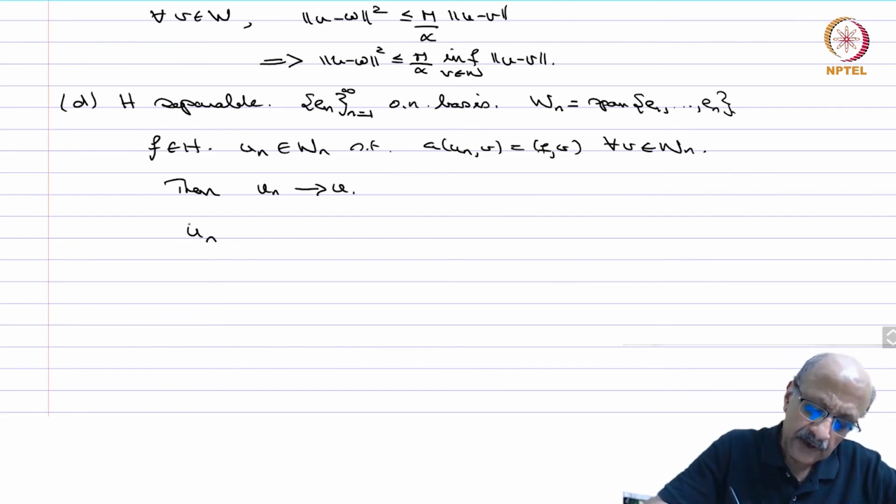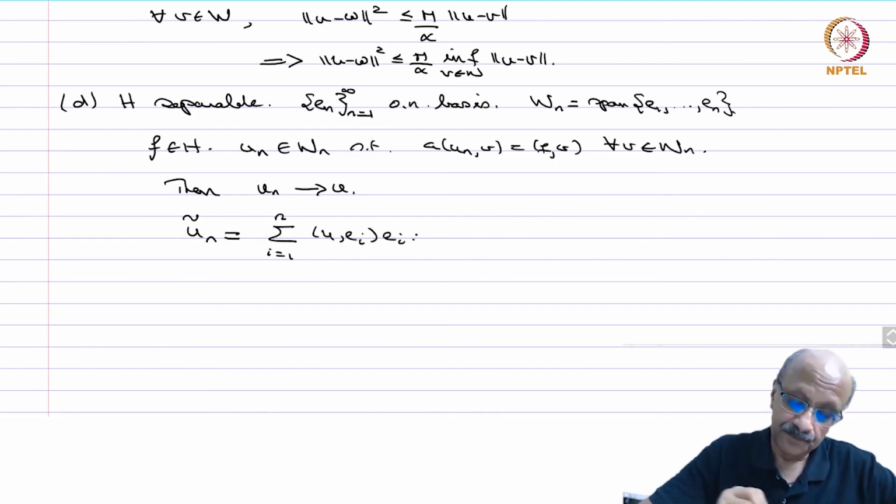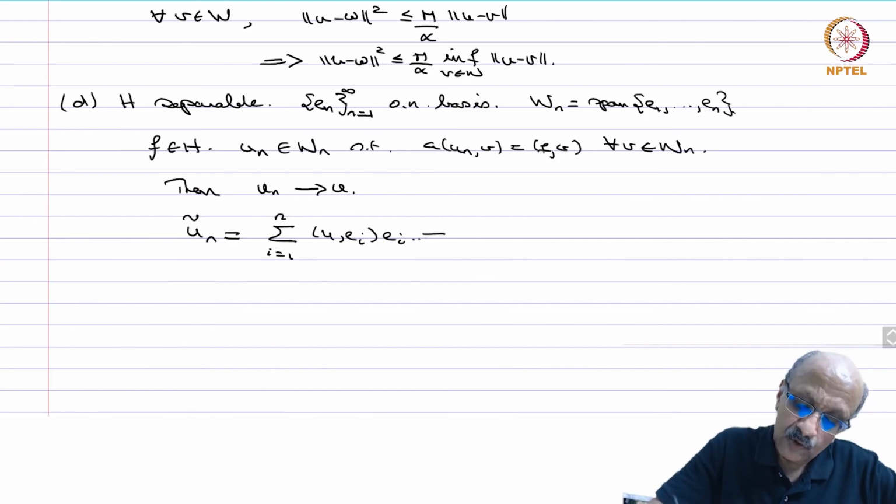Okay, so let us take Un tilde equals sigma i equals 1 to n of U, ei, ei. Then what do you know by Parseval or from the theorem?